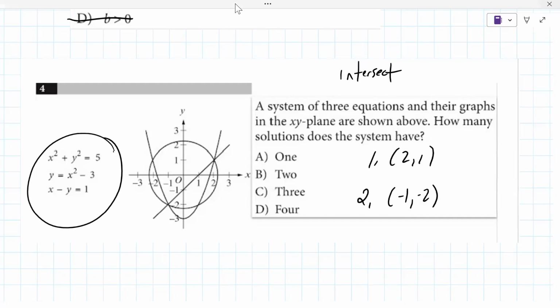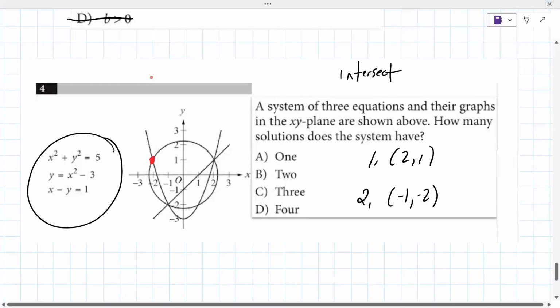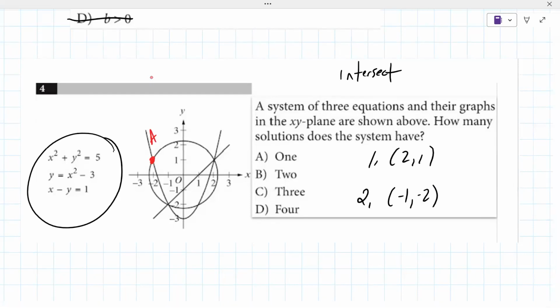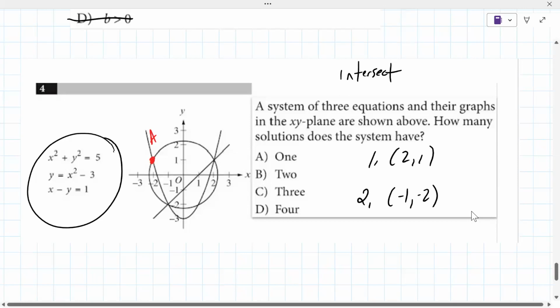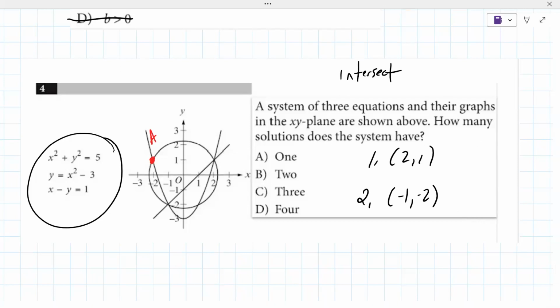Now, why is this place right here not a solution? What's wrong with that point there? Because it's not the other line intersecting with it. That's right. They have to all three intersect. I don't know why that's unclear, but it really is important. They have to all three intersect at the same place. That's really good.